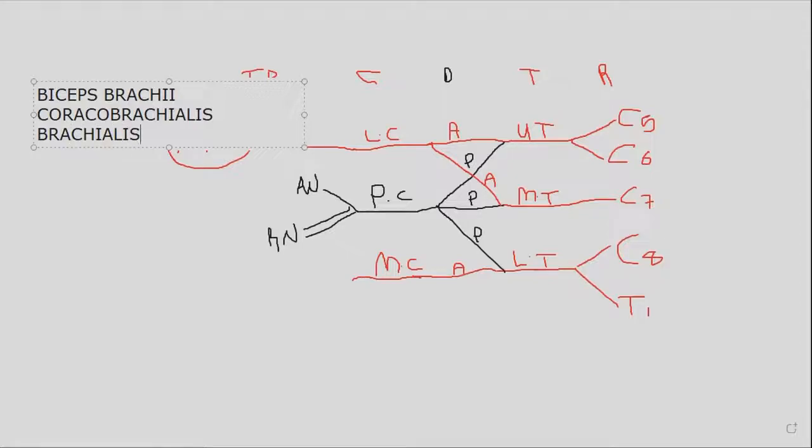And after innervating the three muscles, it will continue as the lateral cutaneous nerve of the forearm. And for this nerve to go to the anterior compartment of the arm, it pierces the coracobrachialis muscle. So take that as a takeaway point. So this nerve pierces the coracobrachialis muscle to enter the anterior compartment of the arm.